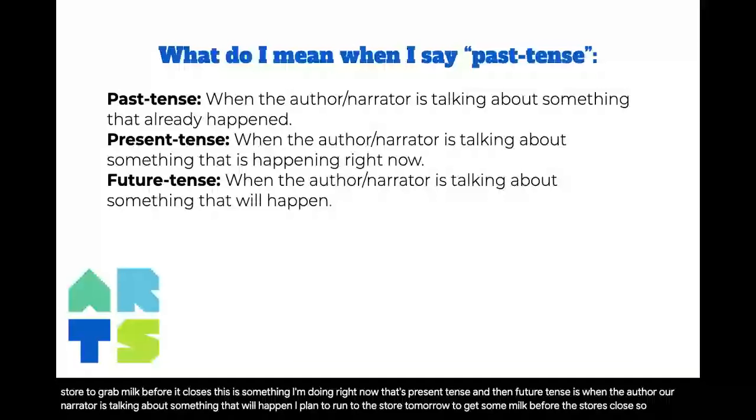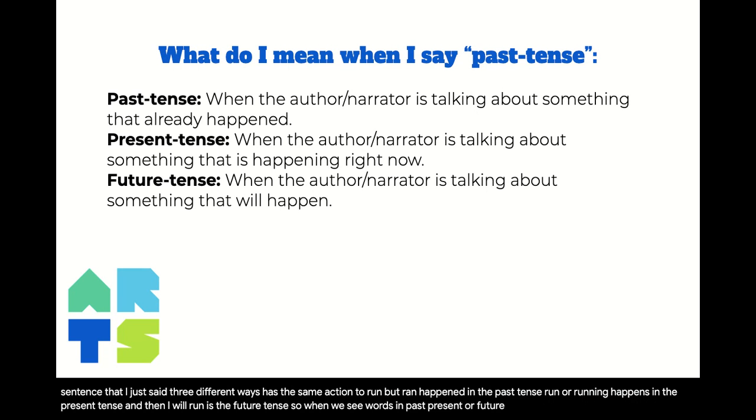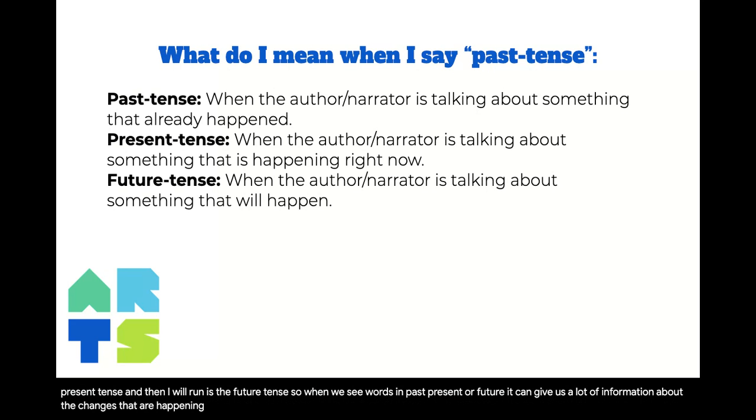So the sentence that I just said three different ways has the same action, to run, but ran happened in the past tense. Run or running happens in the present tense. And then I will run is the future tense. So when we see words in past, present, or future, it can give us a lot of information about the changes that are happening.